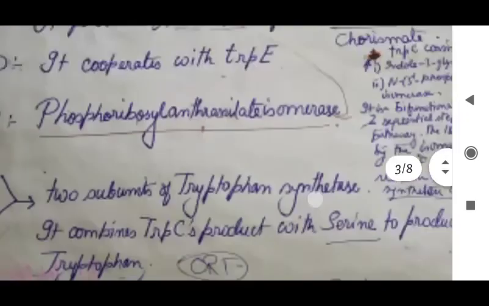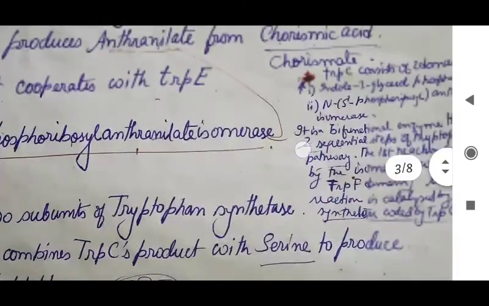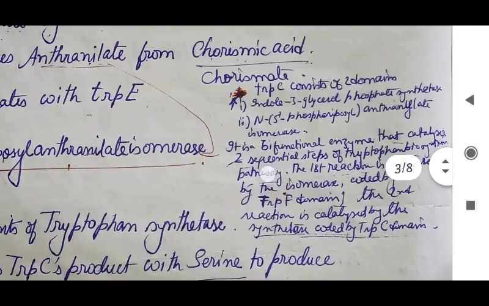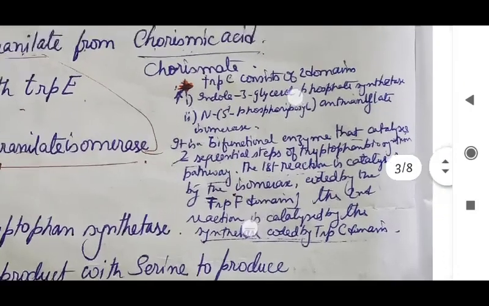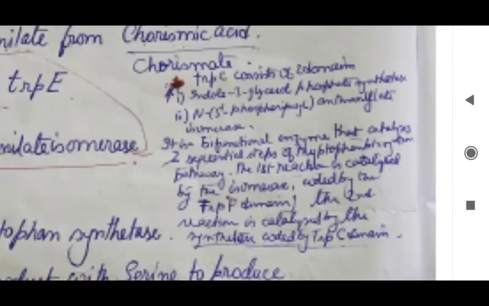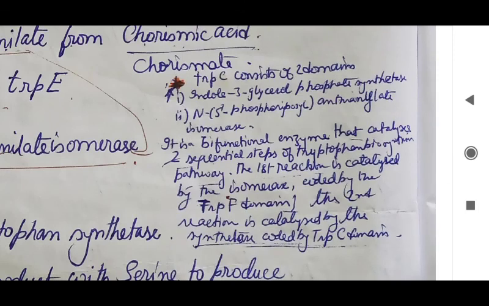Okay, so again I repeat, this TRPC consists of two domains. One is indole 3-glycerol phosphate synthase, and another domain is called N5' phosphoribosyl anthranilate isomerase. Normally TRPC is a bifunctional enzyme.